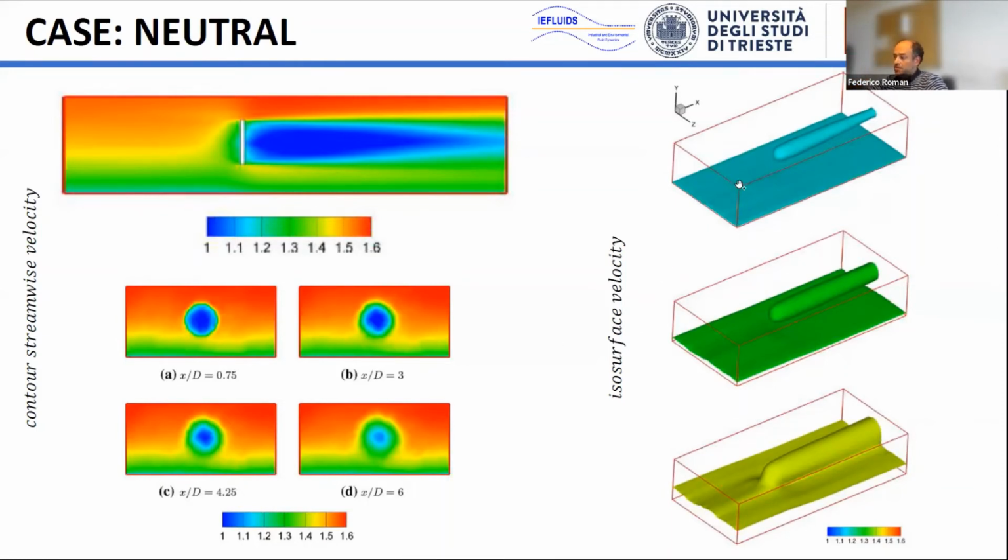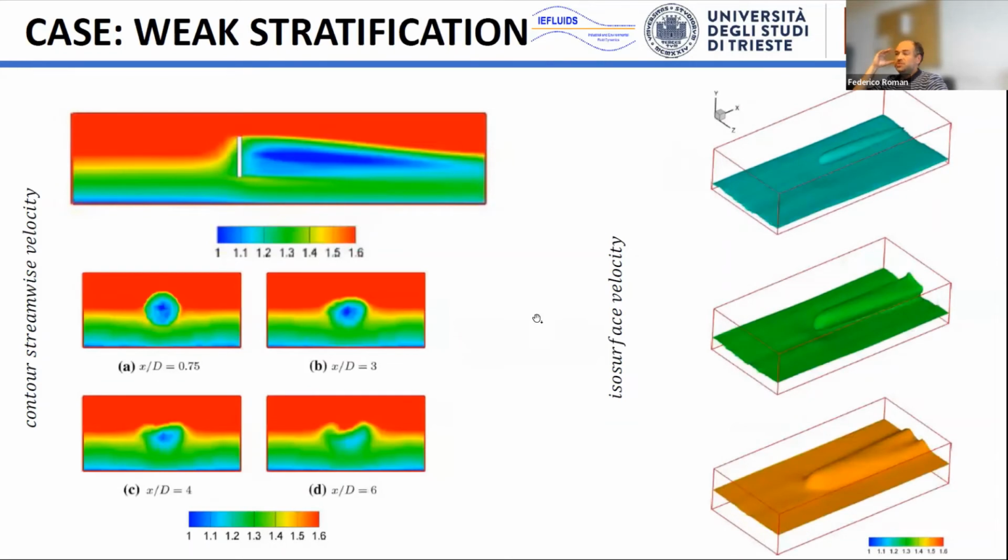Here are plotted some surfaces just to give an idea of how the wake tends to extend in this case of neutral stratification.